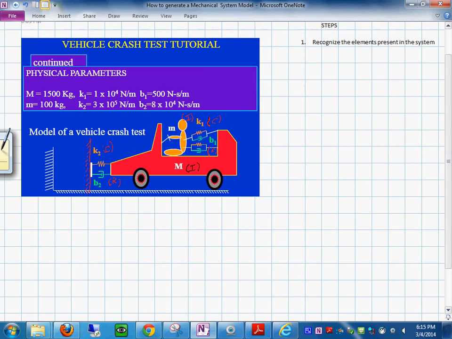the next step that we do is step number 2. We're going to say use a one junction to represent the distinct velocities.